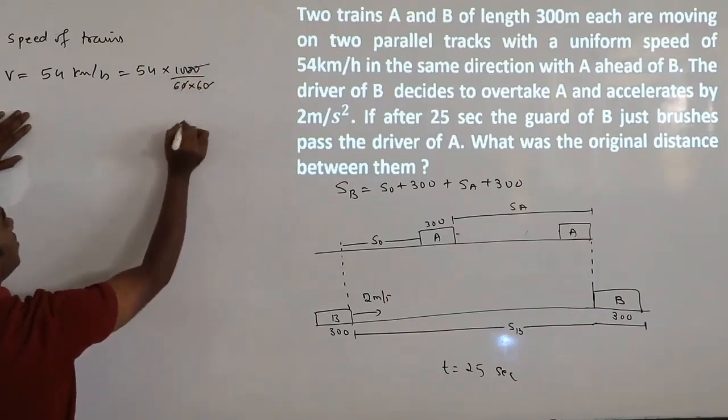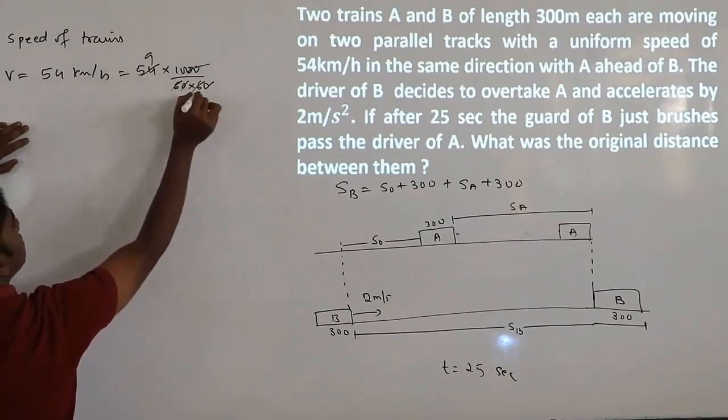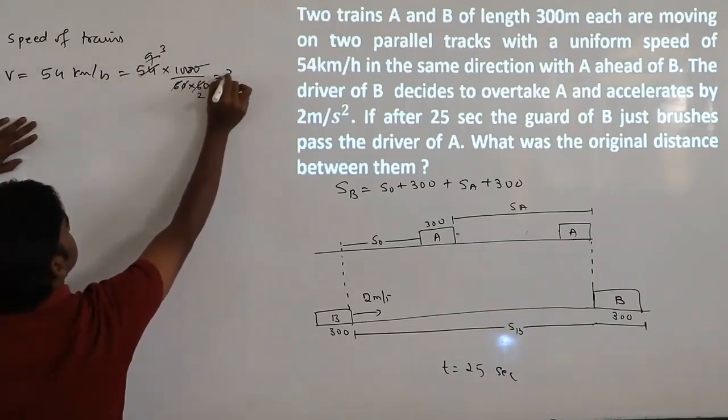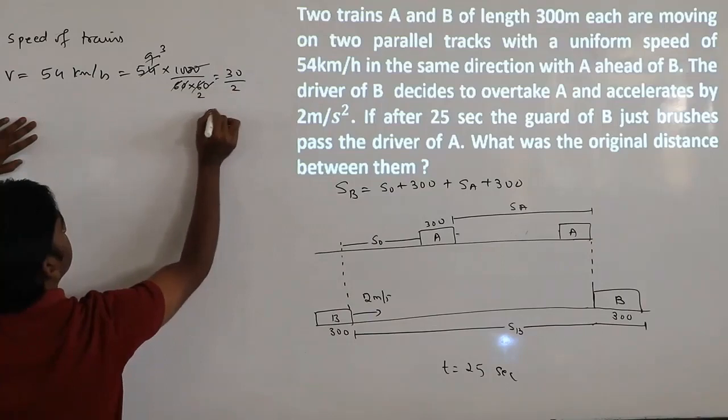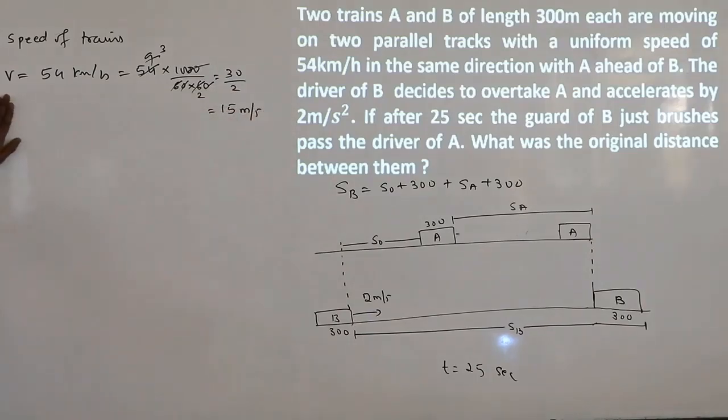This zero will get cancelled, so 9 and 2 3, that means 30 by 2, that means 15. So 15 meter per second.